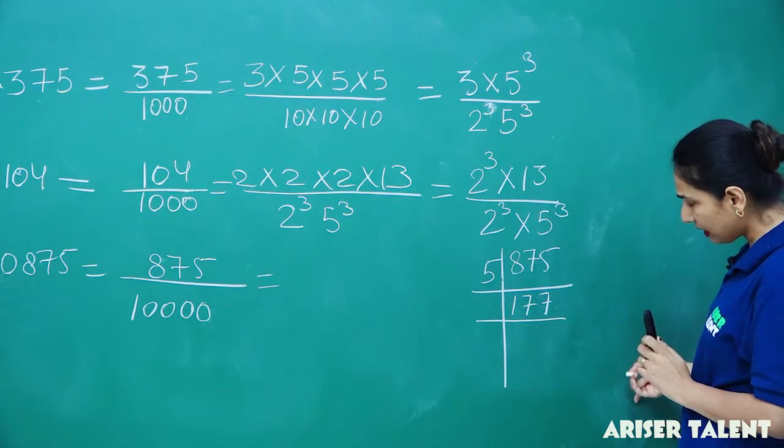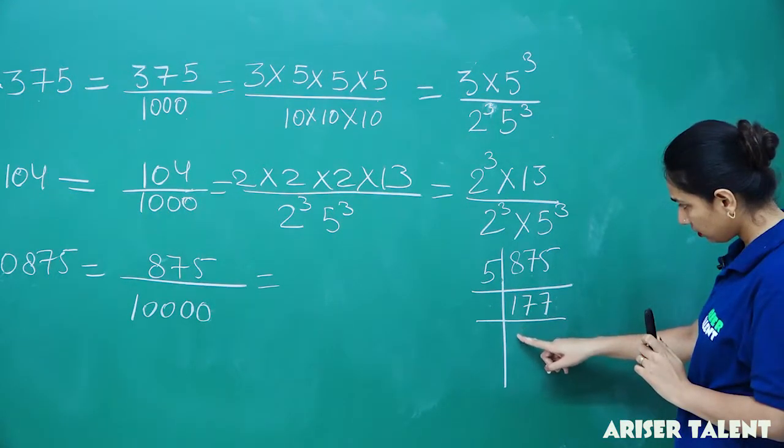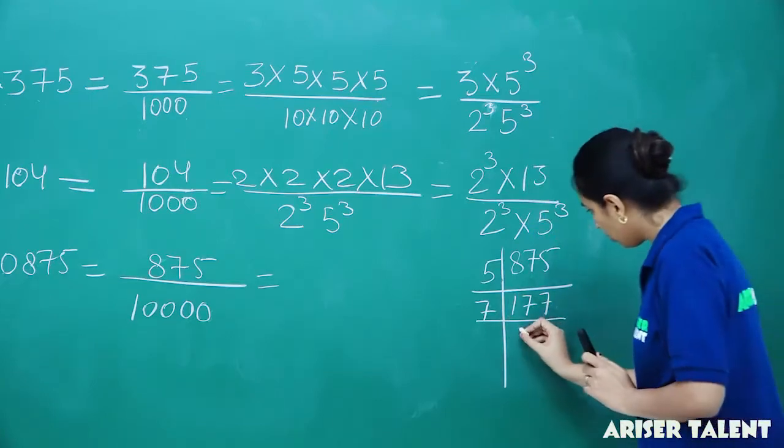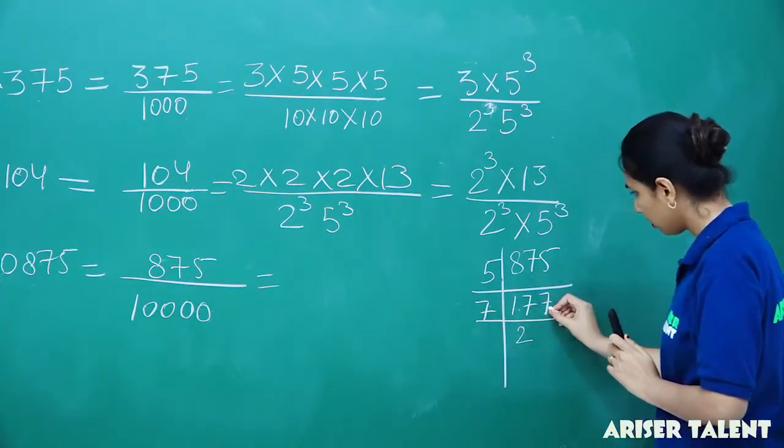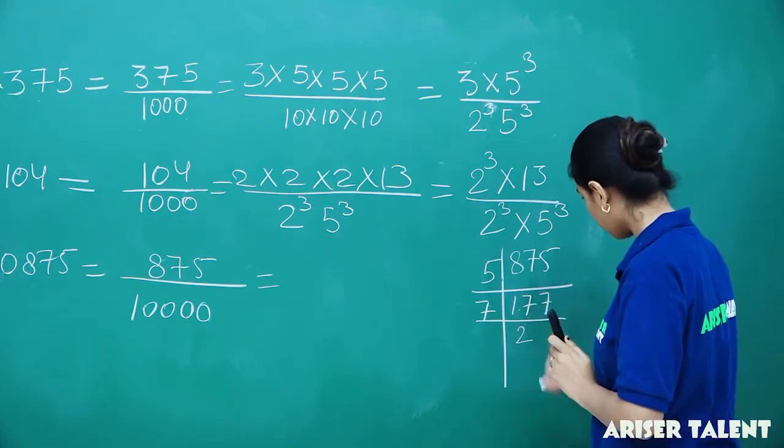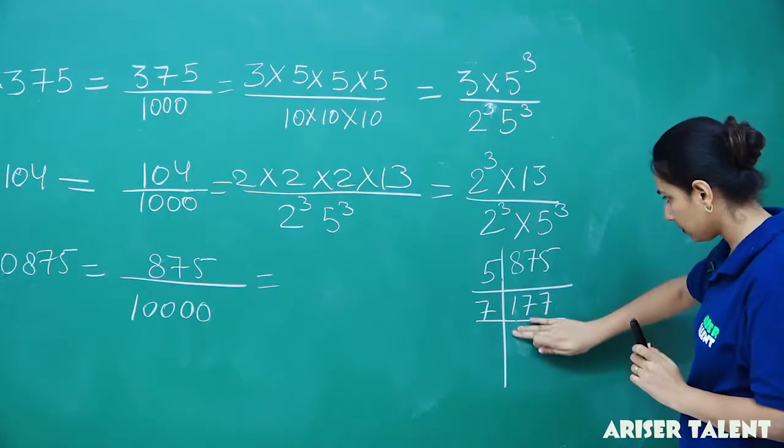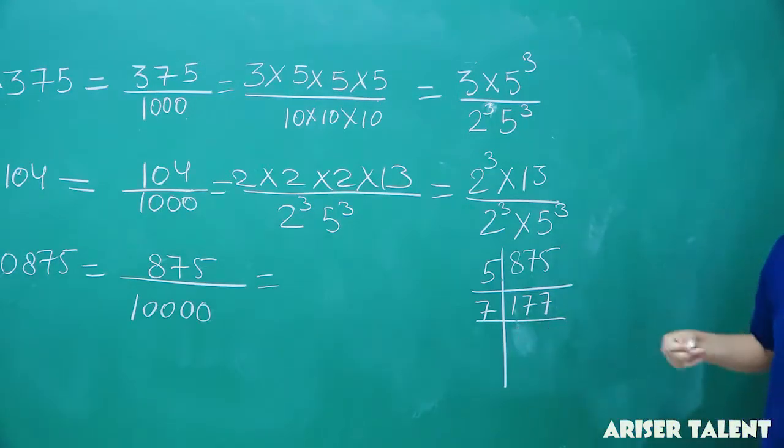So, is it divisible by 7 or not? 7, 14, 3, 37. Okay. Five.